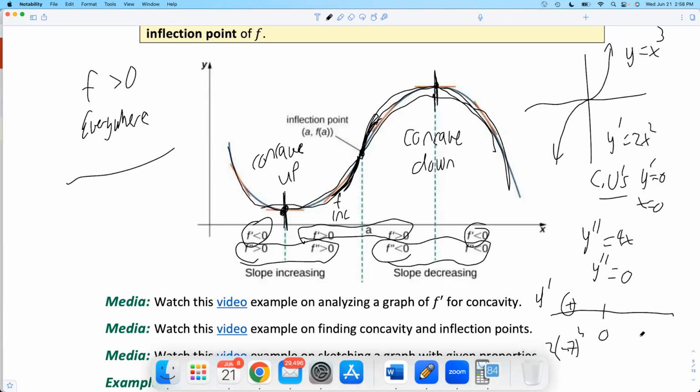What if I plug in +7? 3 times 7 squared. I'm just picking a random number, anything that's here. I get a positive. So my derivative says the graph is increasing, but then it pauses for just a second, has a horizontal tangent line, and then is increasing again.